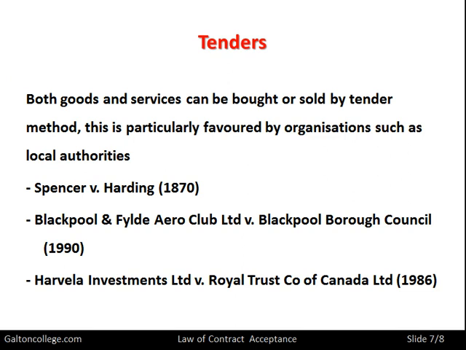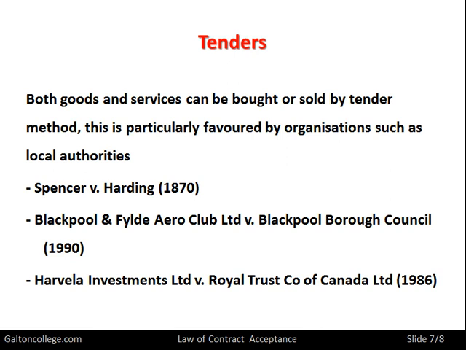Now, for tenders, both goods and services can be bought or sold by tender method. This is particularly favoured by organisations such as local authorities. Tender simply means the local authority asks for bidders to do a particular task, to undertake a particular job.